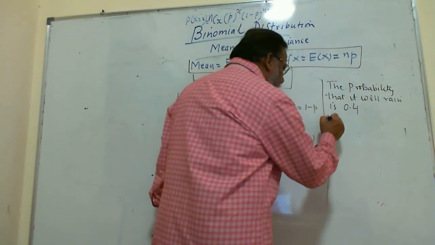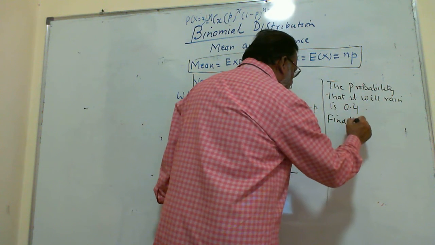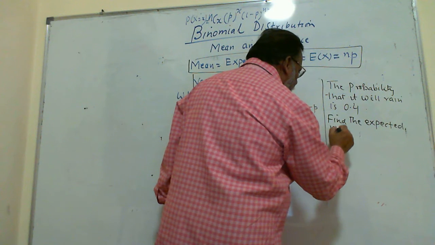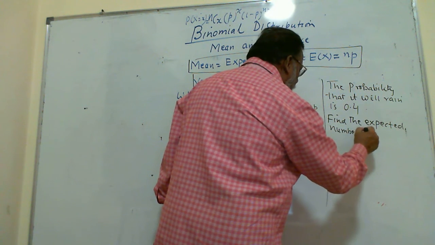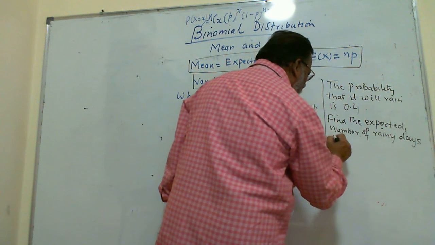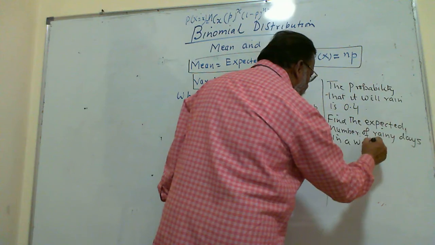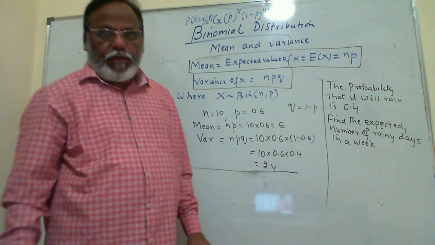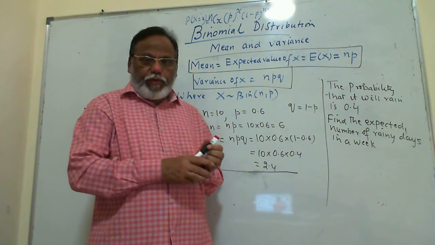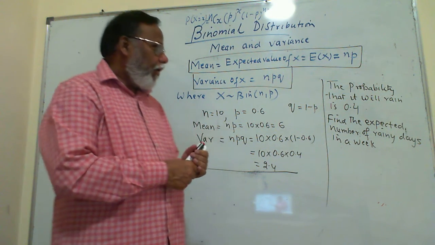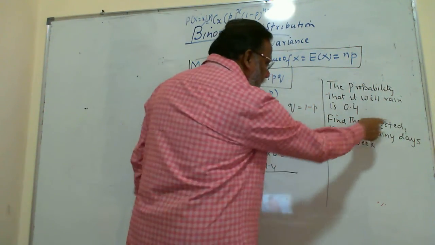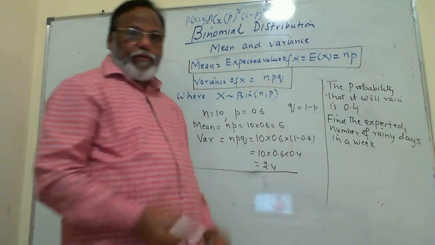The question is, find the expected number of rainy days in a week. So this is the question. The probability that it will rain is 0.4. Find the expected number of rainy days in a week.